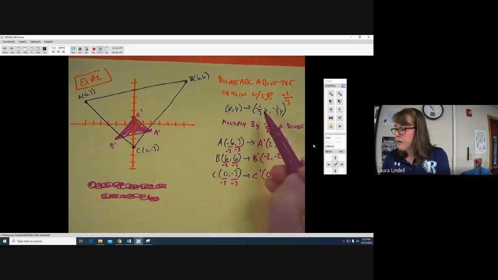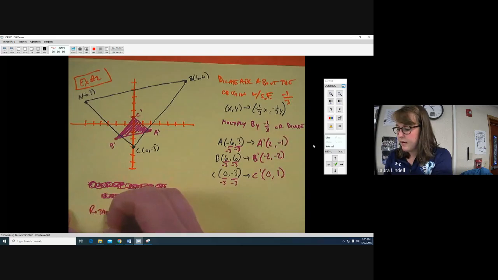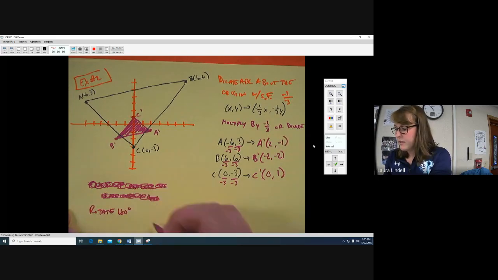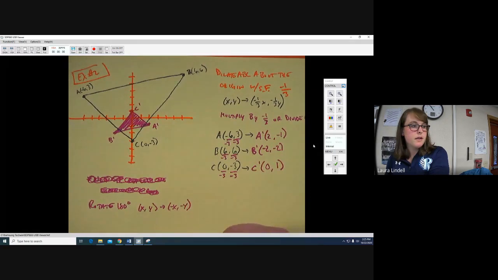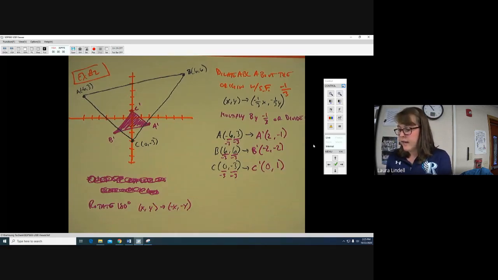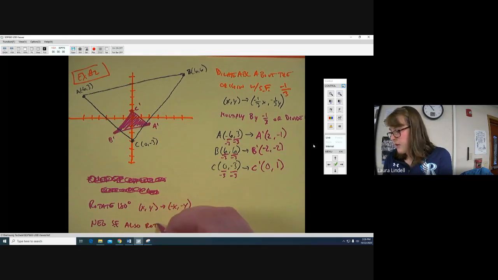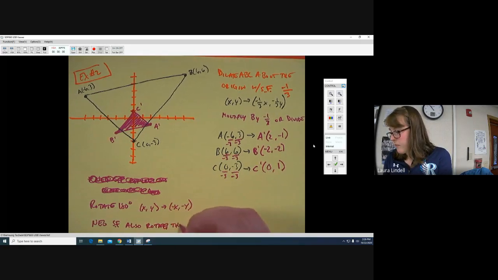Because if you think about it, when you remember our instructions for rotating 180 degrees, it took it from x, y to -x, -y. So that's the same thing as dilating with a scale factor of -1. So anytime your scale factor is negative, it also rotates the shape 180 degrees.